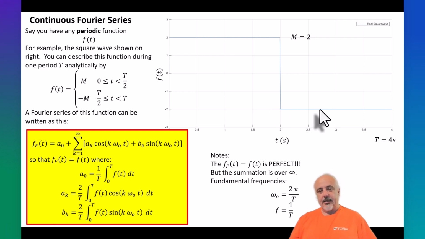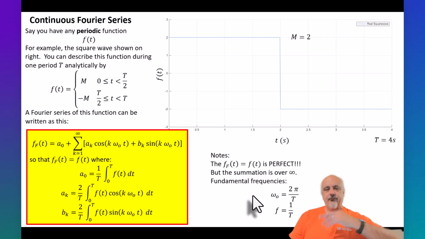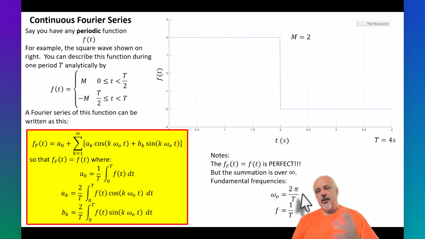But to do that, the summation here is from 1 to infinity, so you have to take it very, very far in order to see that perfect equality. Remember that the fundamental frequency is omega naught equals 2 pi divided by the period, and then the ordinary frequency is 1 over the period. And don't forget that the k here is identifying particular harmonics, as we call them.